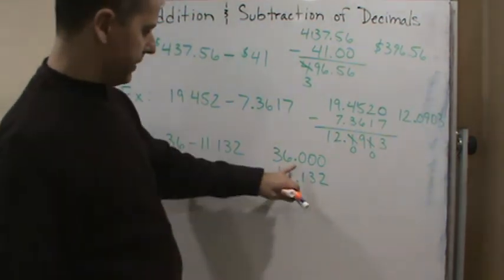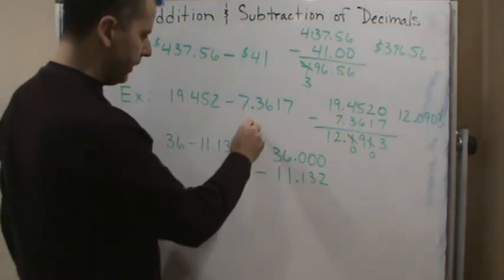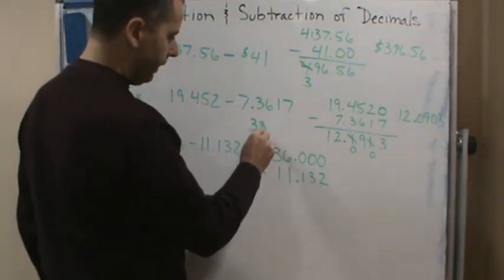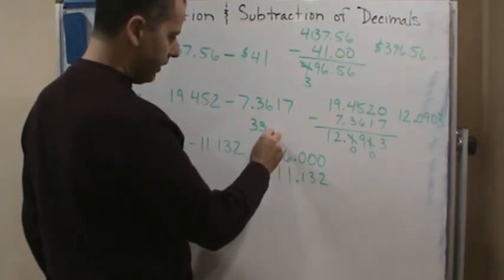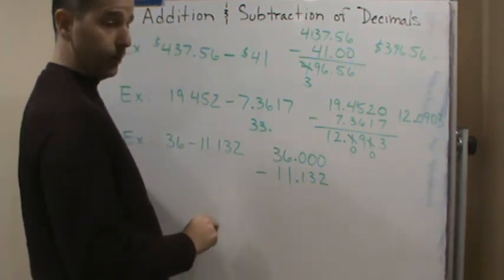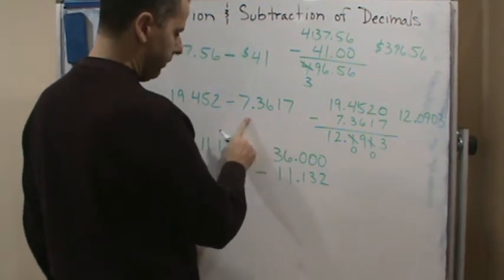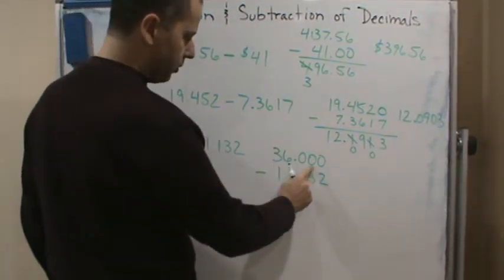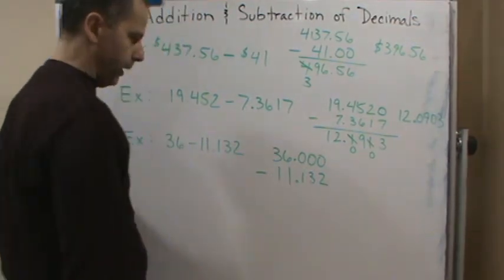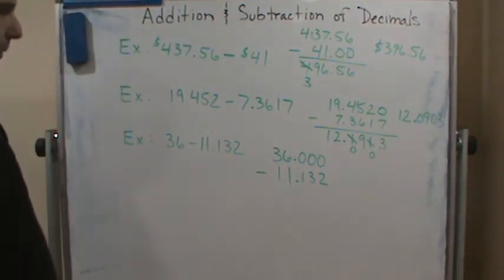Okay, so I added a decimal. So remember, any whole number has a decimal point there. We just don't write it because there's nothing to the right of it, okay? But when I put the placeholder zeros here, I put a decimal there, okay? So again, lining up the decimal.